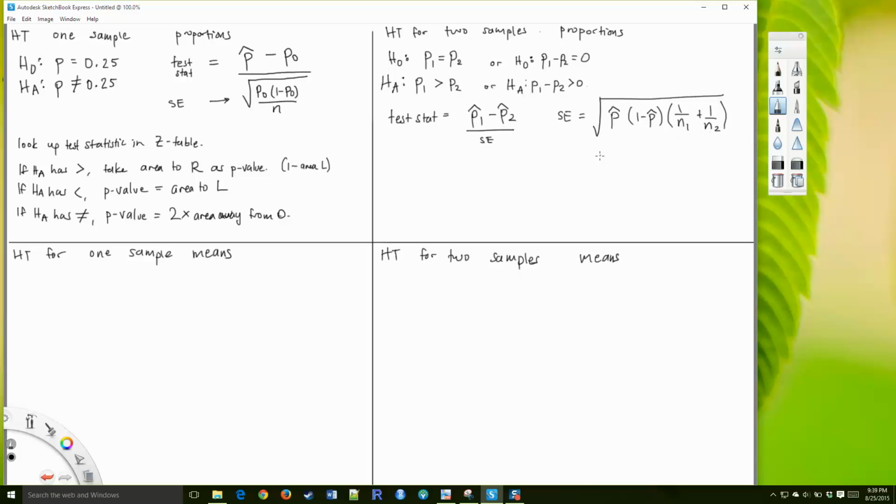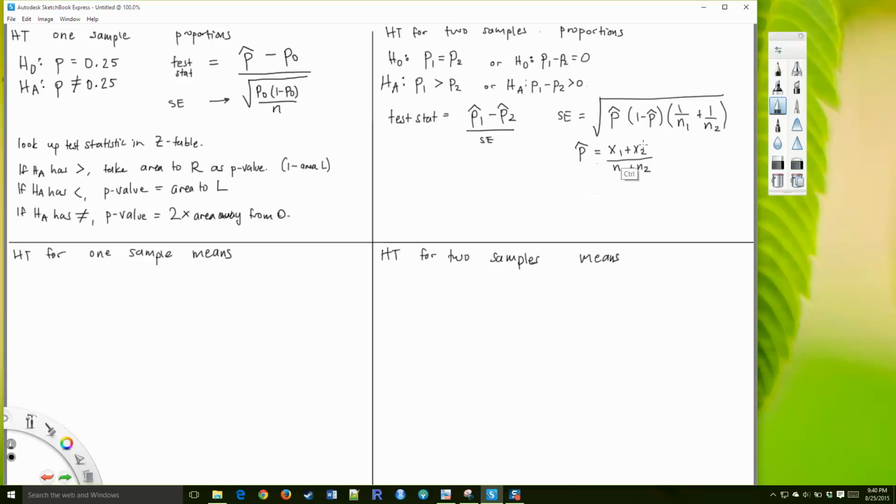And we said p hat is equal to x1 plus x2 over n1 plus n2.